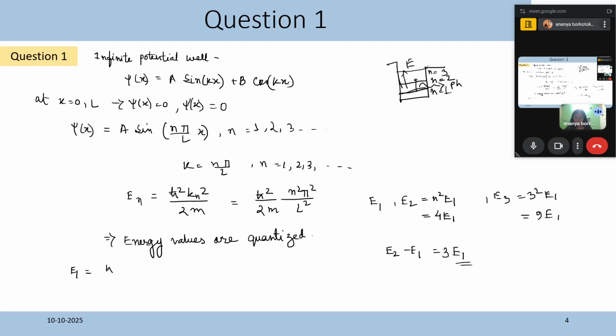That will be h bar square pi square twice of m into L square. Okay.